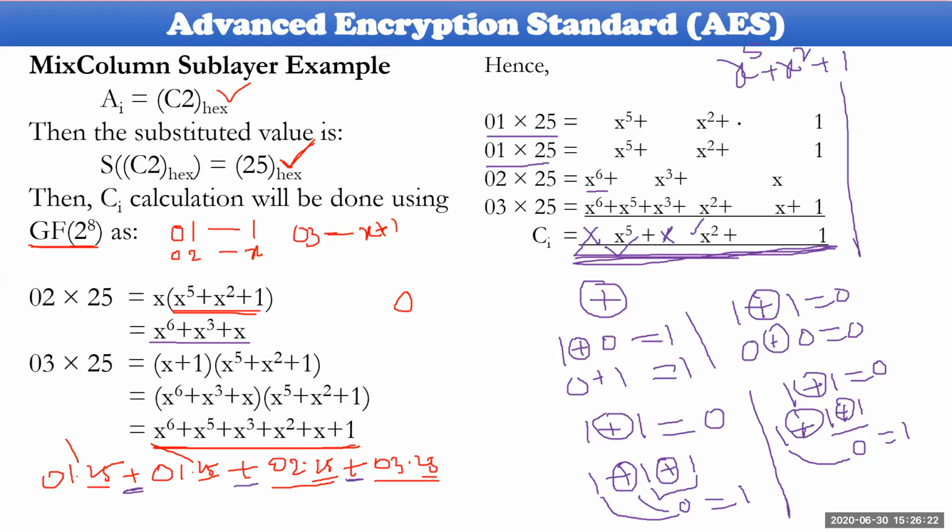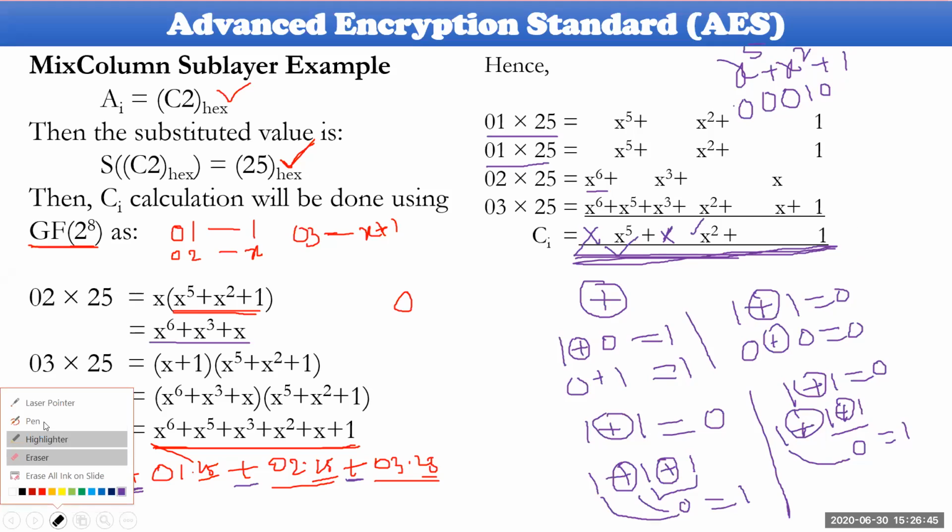If you convert this particular value, it could be 0, followed by, so this is 5, 4 is 0, 3 is 0, 1 is 1. I mean, second position is 1, and first position is 0, and finally 1 will be there.